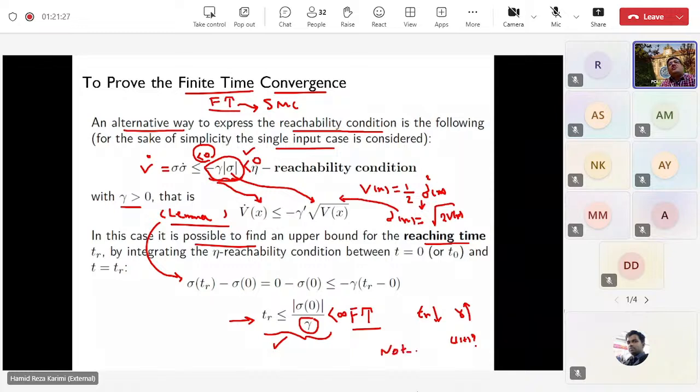Another problem is the saturation. So there is a trade-off between fast response and saturation. You need to choose the gamma carefully, because by changing the gamma, you basically change the speed of convergence.